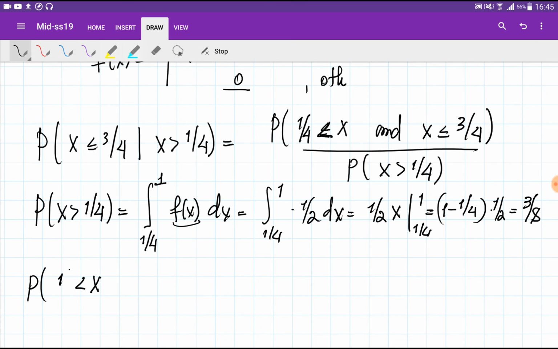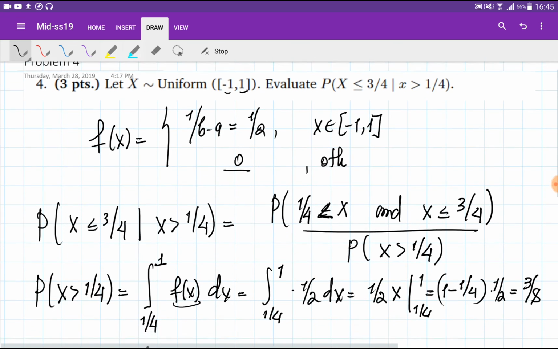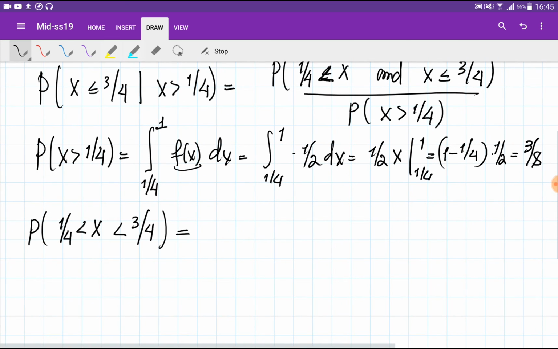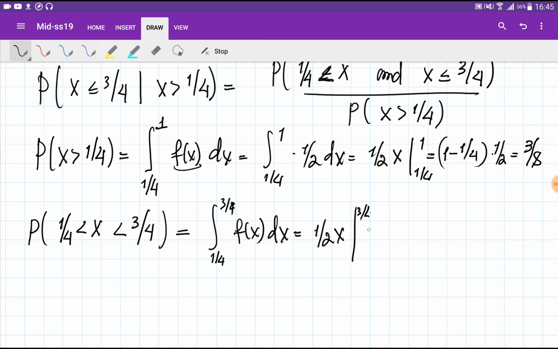In the second one, we need to evaluate the probability that x is more than 1 over 4 and x is less than or equal to 3 over 4. Right? So this is equal to the integration of the density function between 1 over 4 and 3 over 4 dx. So this is equal to 1 over 2 x, between 3 over 4 and 1 over 4.